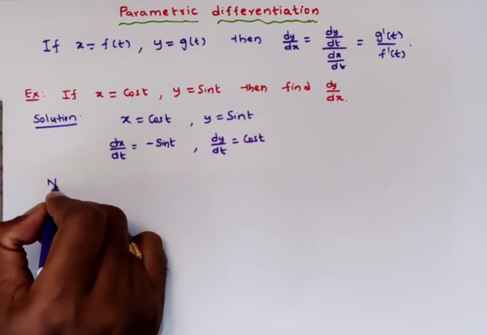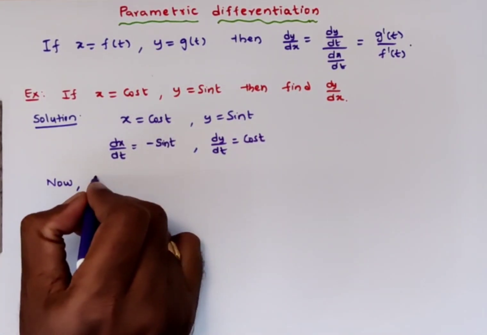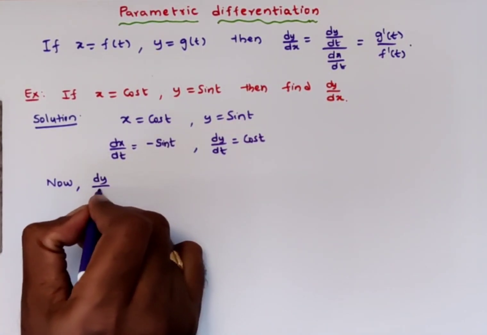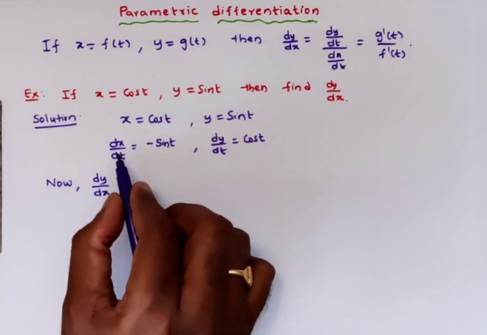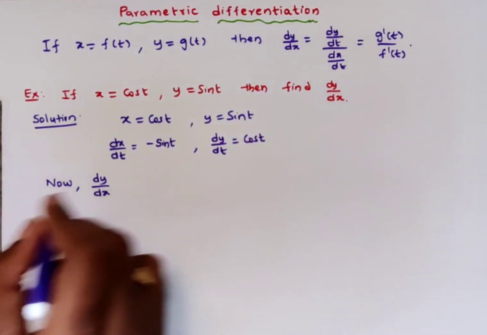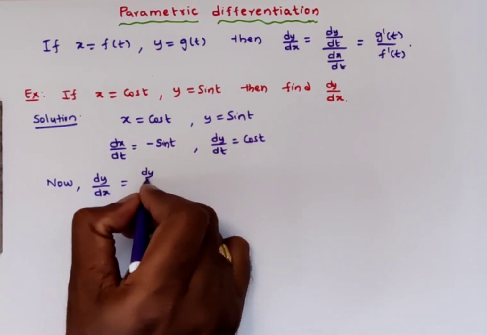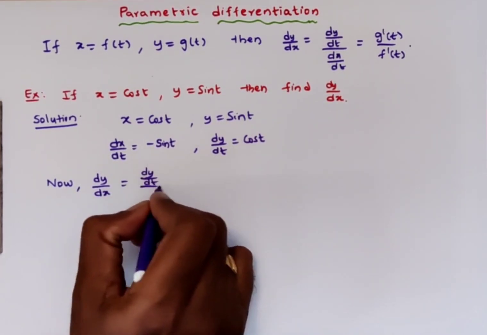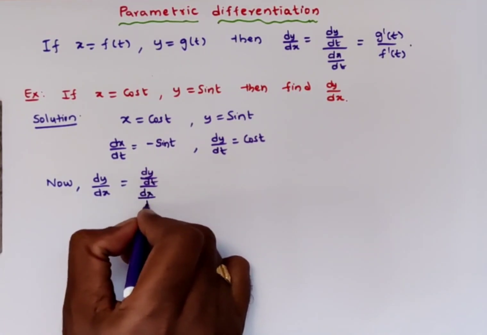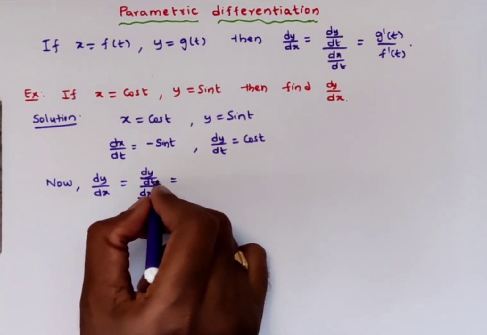Now here we need to find the derivative of y with respect to x, that means dy by dx. But we have dx by dt and dy by dt, so dy by dx can be written as dy by dt whole divided by dx by dt. What is dy by dt?